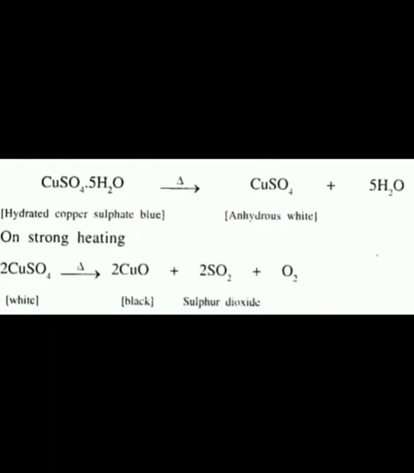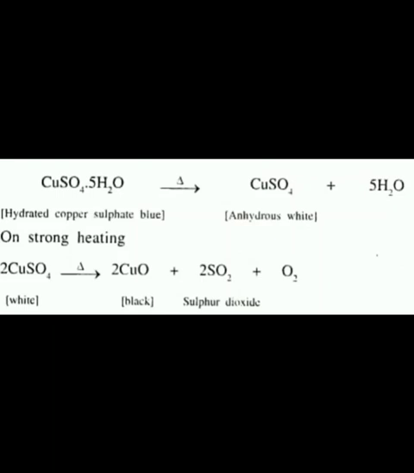hydrated sulfates. That means when you apply heat on hydrated copper sulfate, what is the formula? That is CuSO4.5H2O. When you give heat, it produces copper sulfate plus 5 water. That means it produces anhydrous copper sulfate, CuSO4.